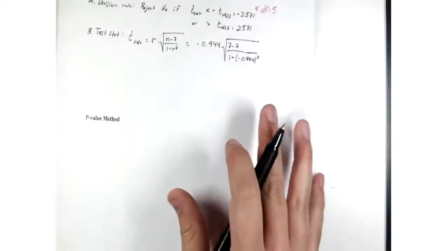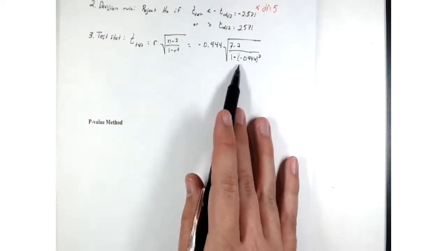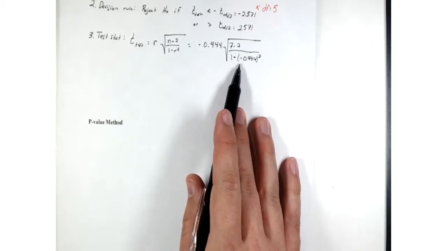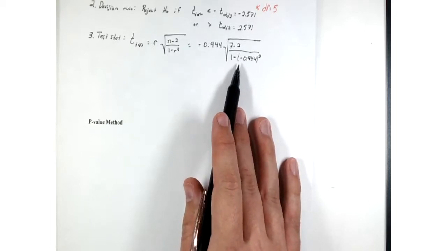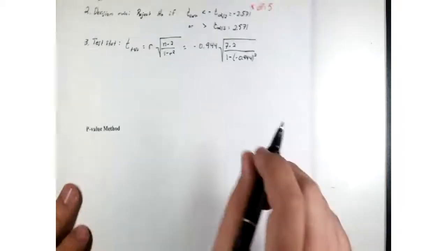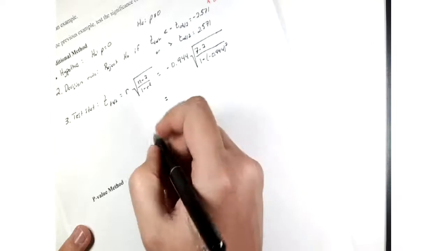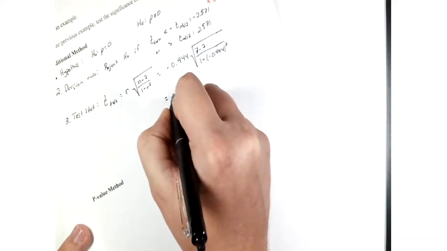Be careful when you're squaring a negative number. Since our r is negative 0.944, we want to make sure we include the parentheses around that negative, so whenever we square it, it becomes positive. If I work that out, I end up with negative 6.4.